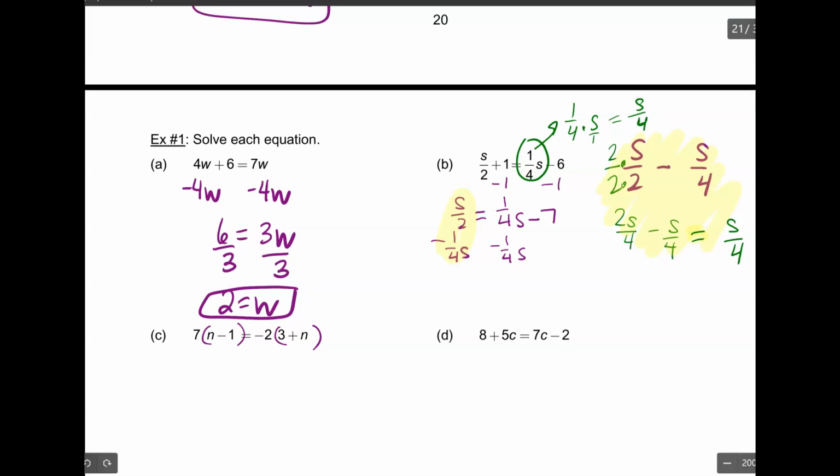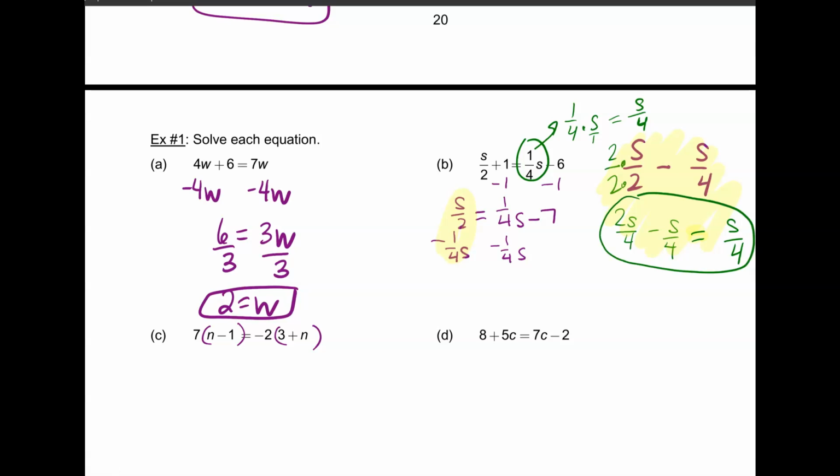Okay, so I have s over 2 minus s over 4. I need to have a common denominator. Alright, so Elizabeth said the denominator is 4. I need to change the left fraction into a bottom of 4. So I multiply the top by 2 and multiply the bottom by 2. That way, I get to this line where I actually can do the subtraction.